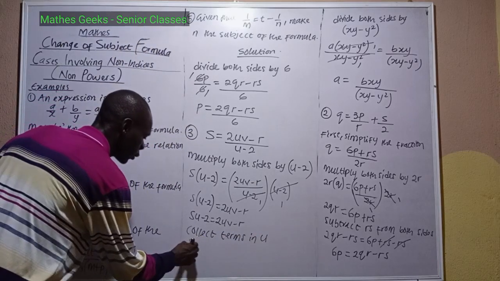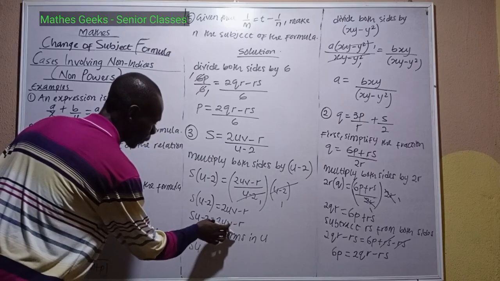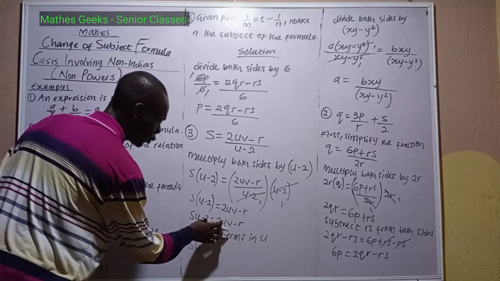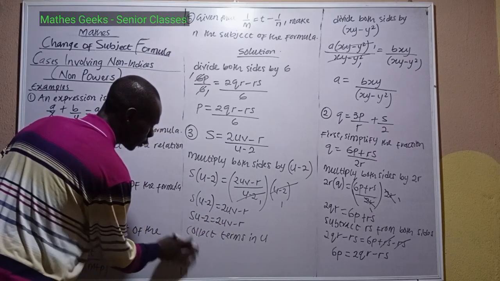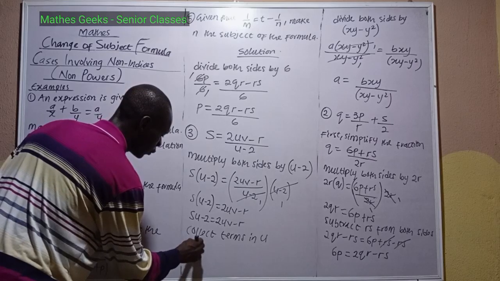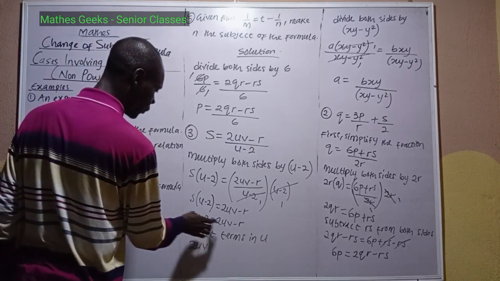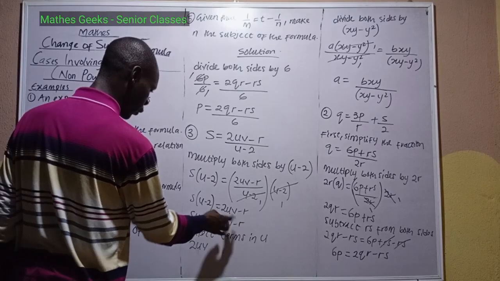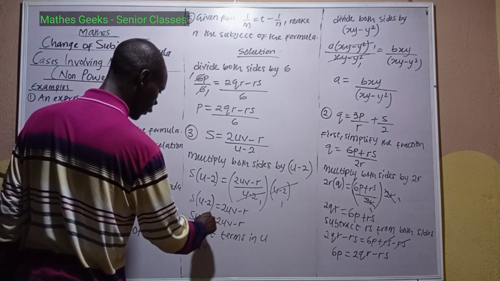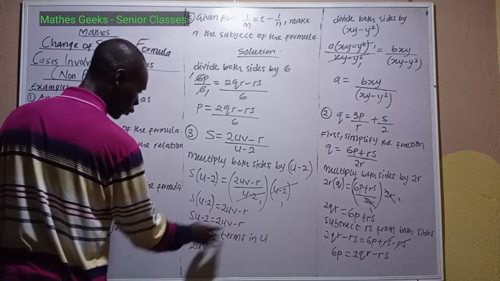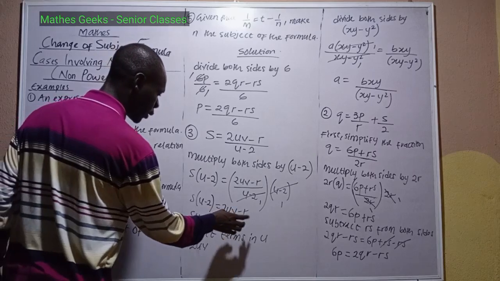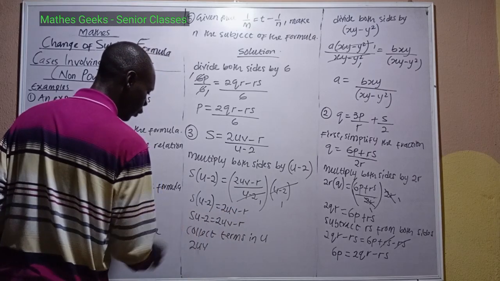So su minus 2s. Collect terms in u, and if I bring this over here, this one will be negative and here will be positive. I want to try as much as possible to ensure that this side is positive, just as this side will be positive.